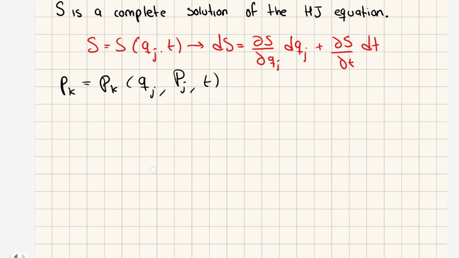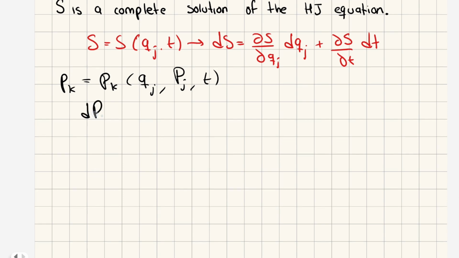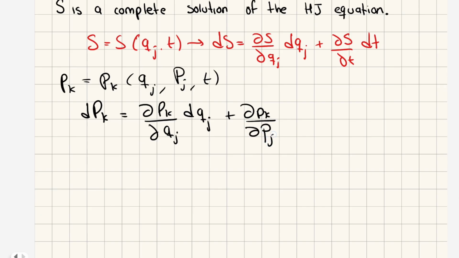So if we calculate dp_k, this is going to be the partial of p_k with respect to q_j, dq_j, plus the partial of p_k with respect to capital P_j, dP_j, plus the partial of p_k with respect to time, dt.